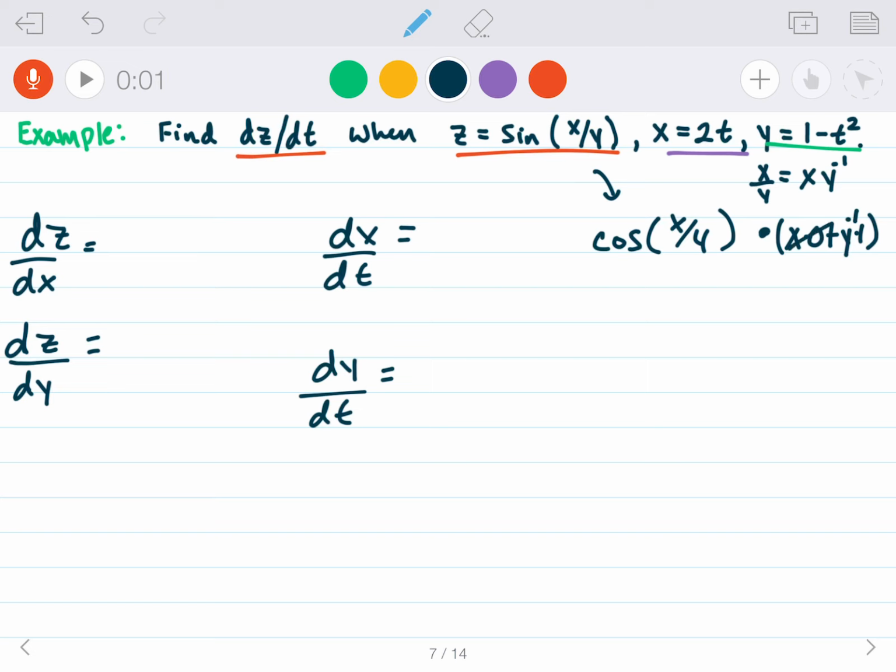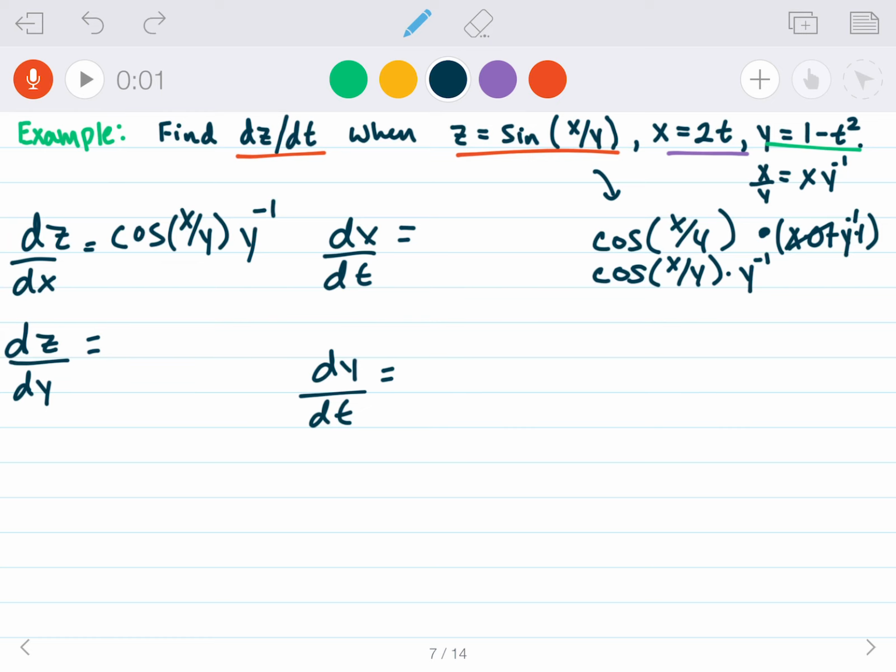So this clears and we're just left with cosine of x over y times y to the negative 1. Okay, so that is that piece. So we have cosine of x over y, times y to the negative 1.